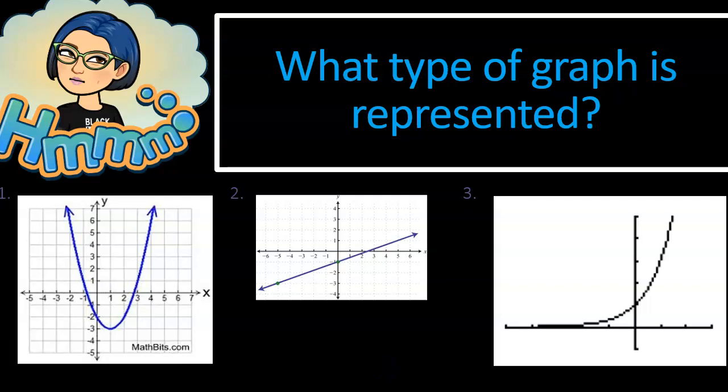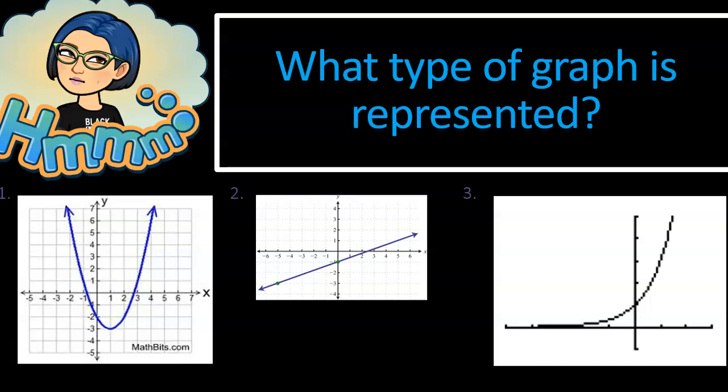All right, so go ahead and think to yourself, what type of graph is represented? You're welcome to use your notes because I don't expect you to have them memorized yet. But if you want to try without your notes and then look at them, that's fine too. Whenever you're ready, go ahead and unpause the screen to see the answers.